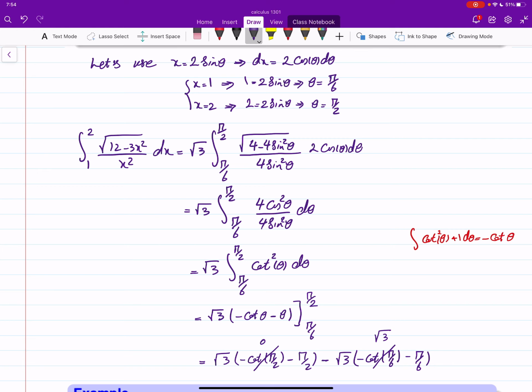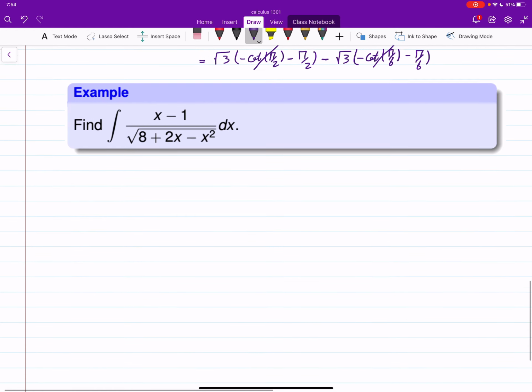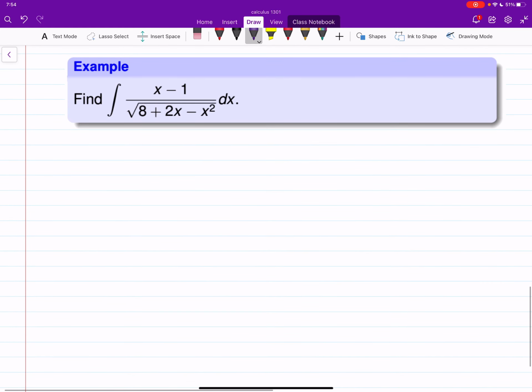Okay? One more example we have here. The integral of x minus 1 over root of 8 plus 2x minus x squared. When you look at this integral, you notice that the form that we usually look for, a squared minus x squared, is not here. But if you note, the denominator is quadratic. It means that we can complete the square.